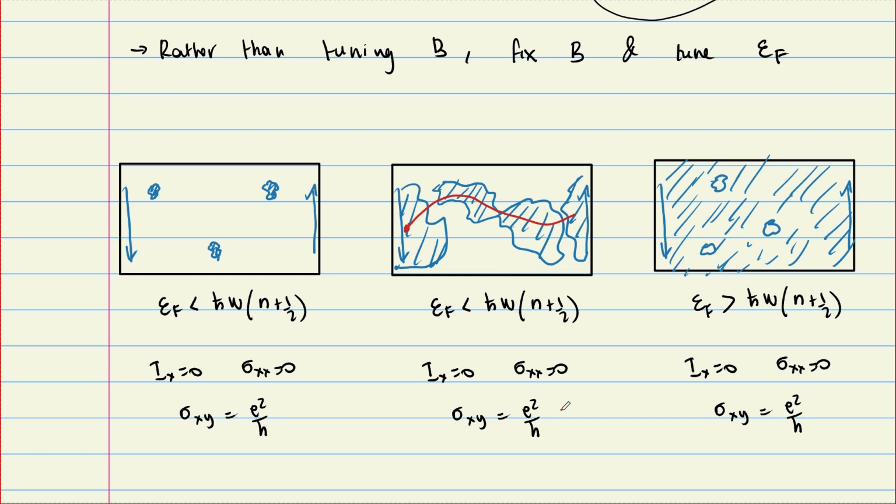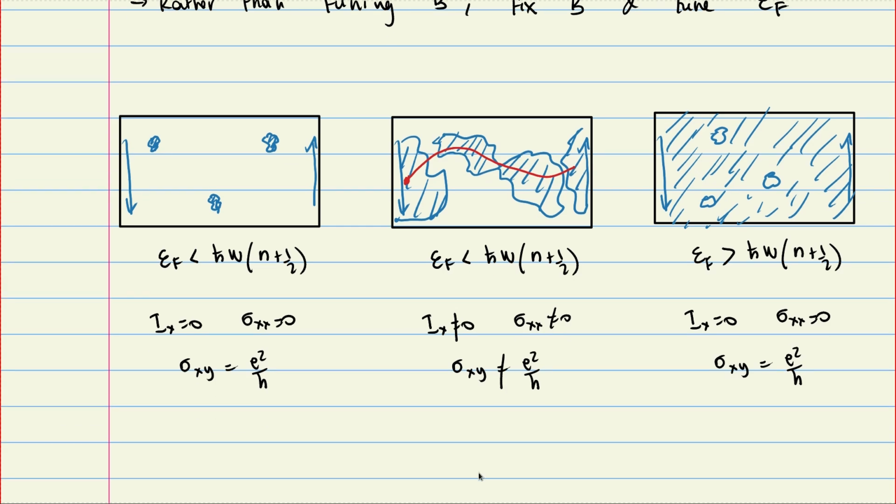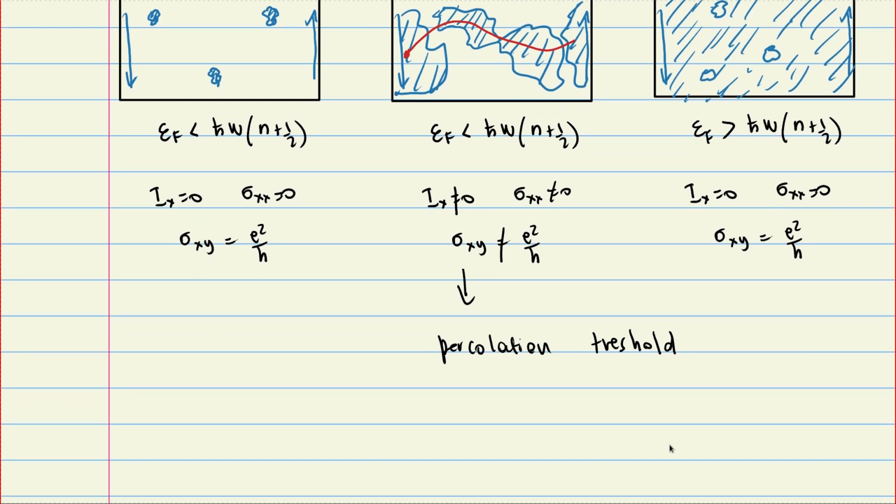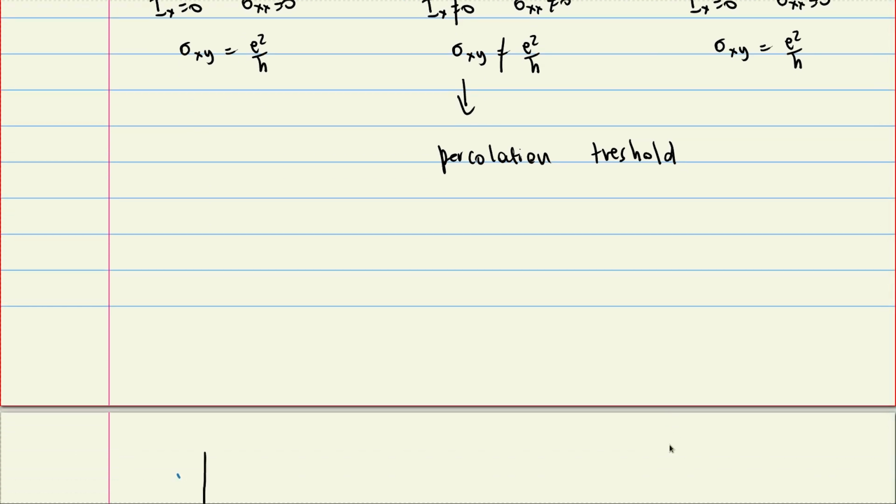In that case, Ix is going to be non-zero, sigma xx is going to be non-zero, and sigma xy is going to be different from e squared over h, because all of these arguments we laid out are going to be invalid. This is what we call the percolation threshold.